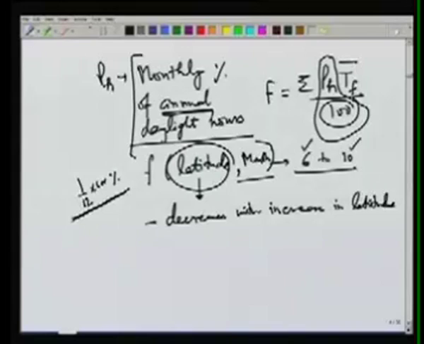But since sunshine hours vary with month, some months will have a smaller value than 8, some will have a larger value than 8. So typically it will vary from 6 to 10 depending on the latitude and the month. Summer it will be higher, at 0 degree latitude this will be higher.